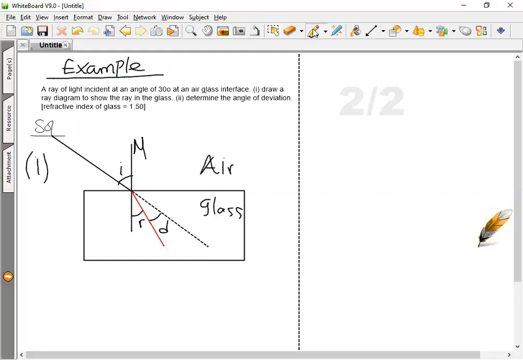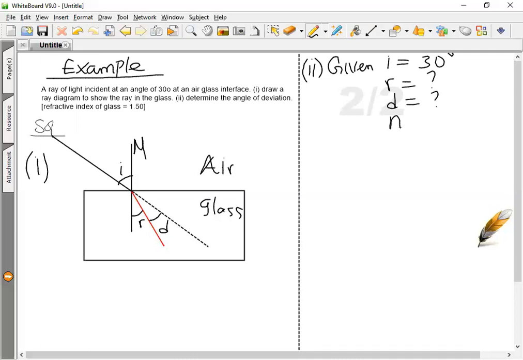Now, let's start question number two. Given, like I always do, what are the parameters given? Our angle of incidence equals, what's the angle of incidence? 30 degrees. What's our angle of refraction? Unknown. What's our angle of deviation? Unknown.